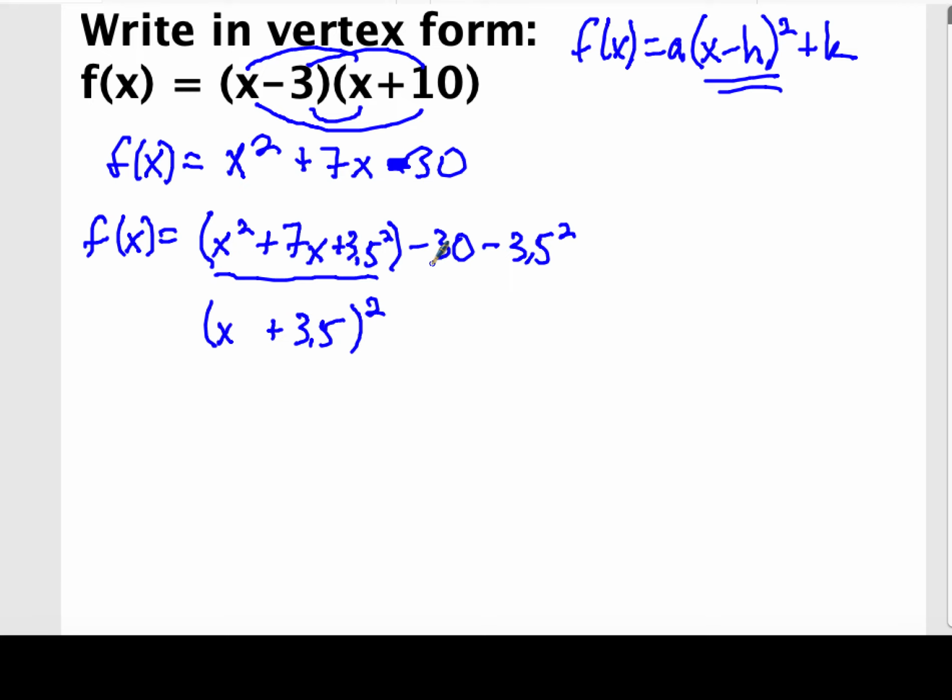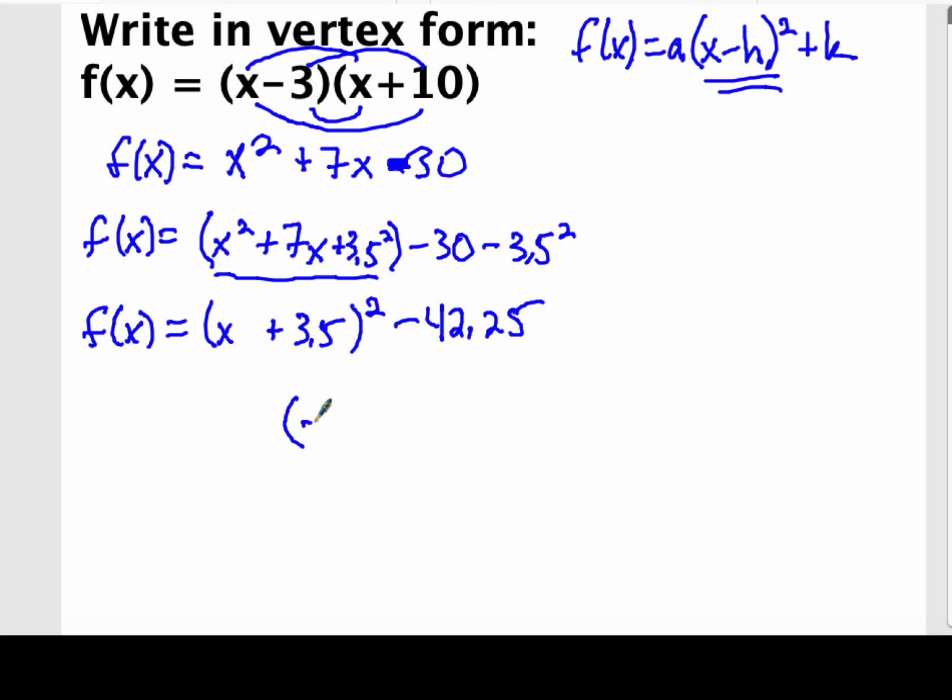Sorry, having a little bit of calculator issue. Which just means that's going to be negative 42.25. So that just became our function.